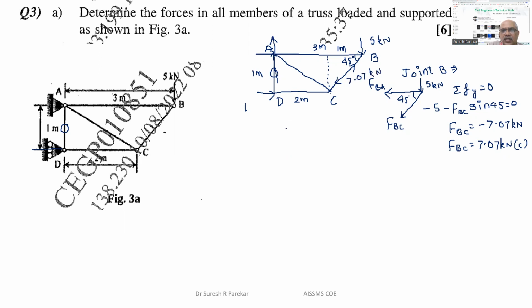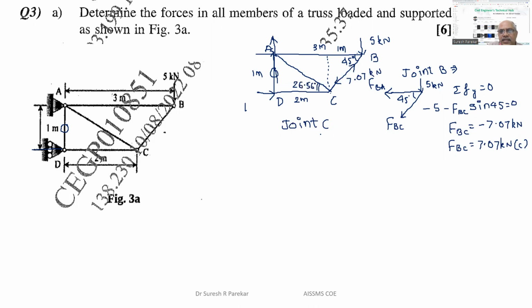Now I will consider joint C. So we have joint C. Now in joint C, we have this 1 meter, this is 2 meters. So this angle we will have tan inverse of 1 by 2, and we have 26.56 degrees.